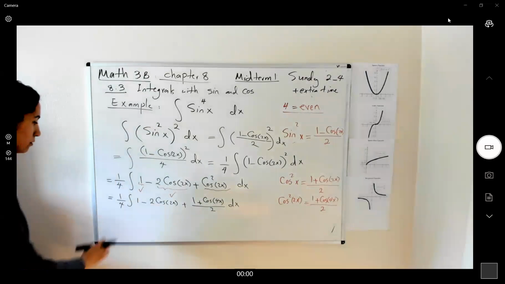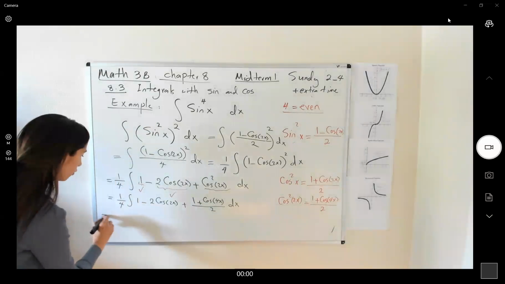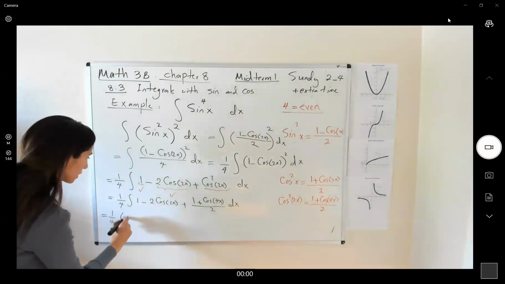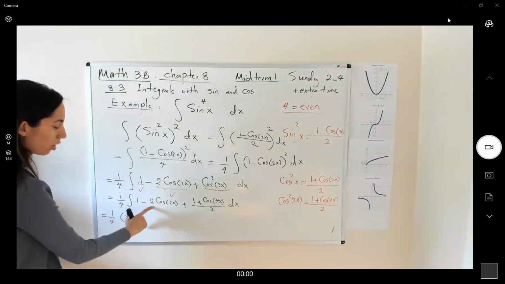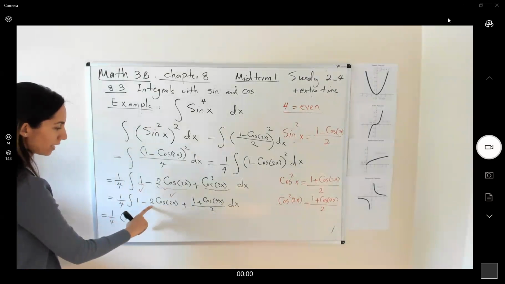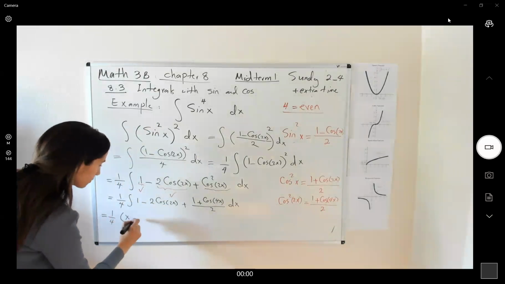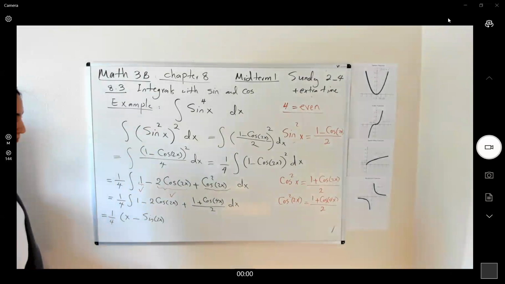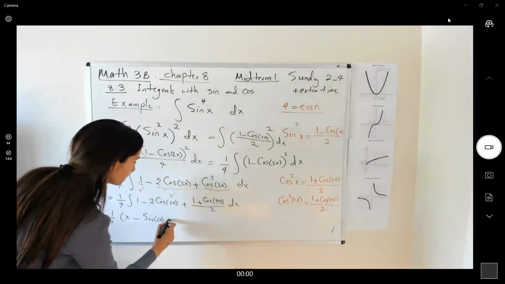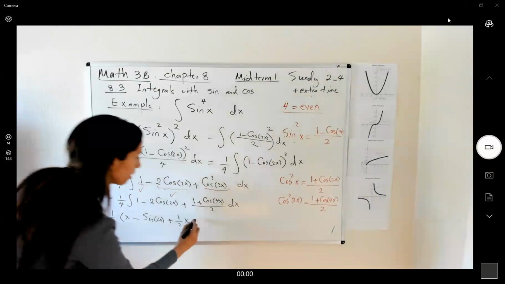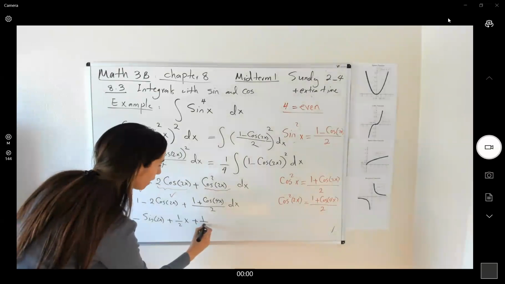Very well. So you have a 4. The integral of 1 is just x. The integral of cosine 2x, it has 2 next to it, so you get minus sine 2x plus a half x plus a half.